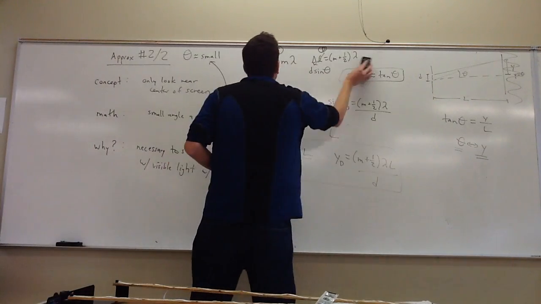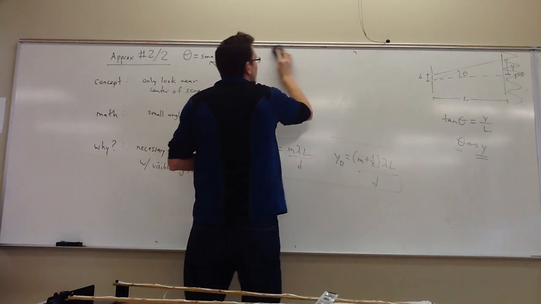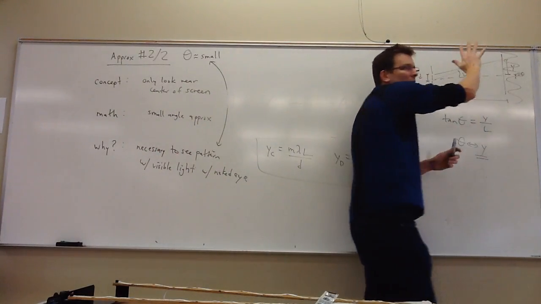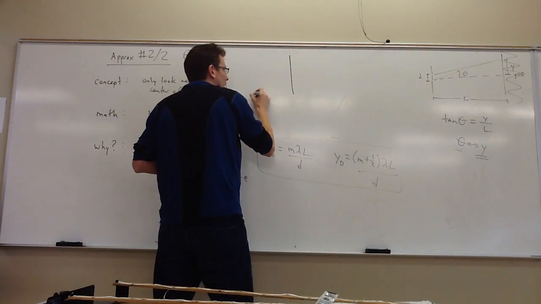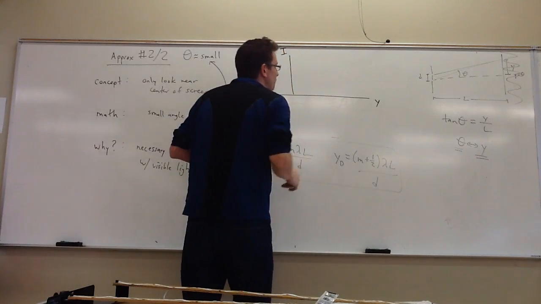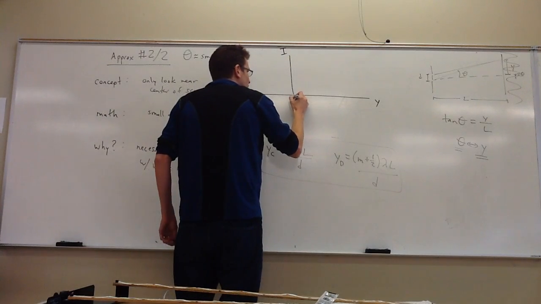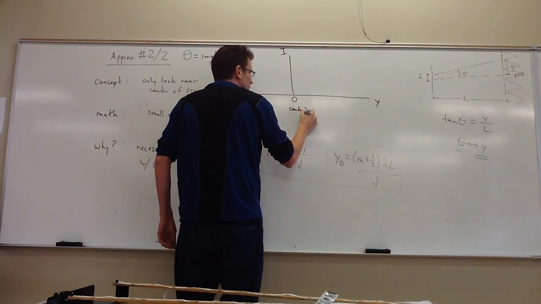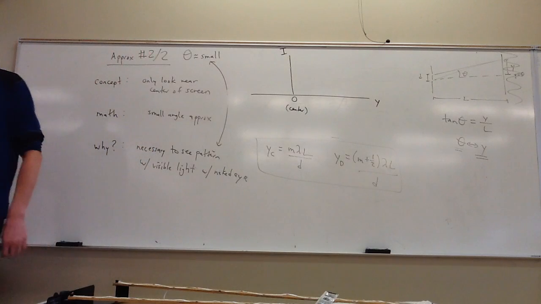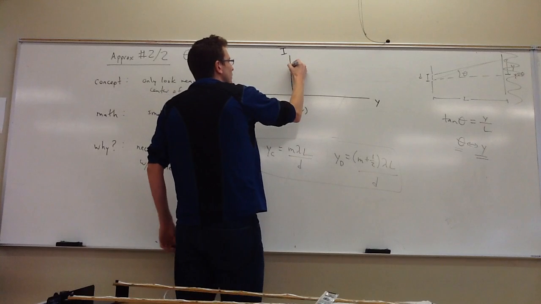Okay, so let's make a little graph. Let me take this pattern and, of course, flip it so that I can put, as usual, the independent variable on the axis like this. So this will be a graph of what intensity we see on the screen versus distance along the screen, which I'll call the y direction. y equals 0 is the center of the screen, and we already have said that we're going to get maximum intensity there.